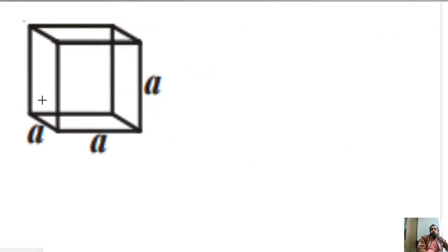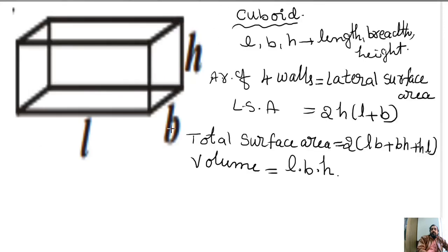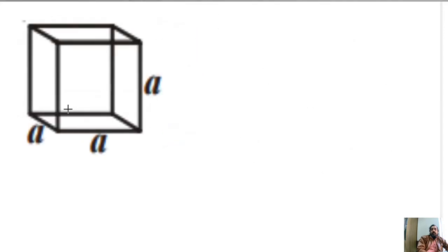Now coming to cube. In a cuboid, length, breadth and height are different. In a cube, length, breadth and height are all equal: L is equal to B is equal to H is equal to side a.